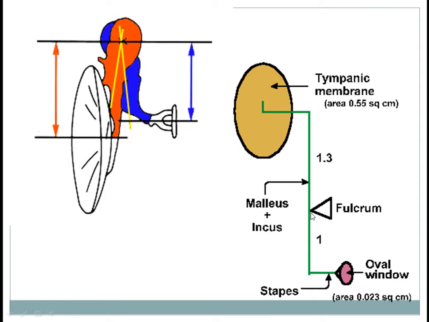This is the fulcrum, and the malleus and incus are present here, coming to the foot of the stapes, which is attached to the oval window. So this is a diagram. If you have a better knowledge of physics, you can better understand how the impedance matching by the ossicular system takes place.